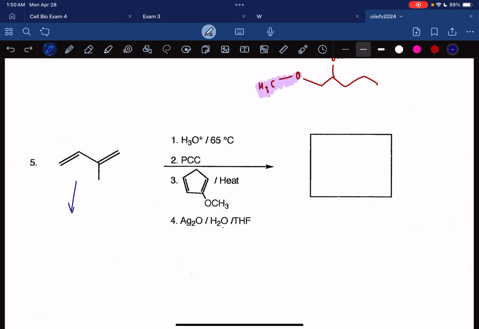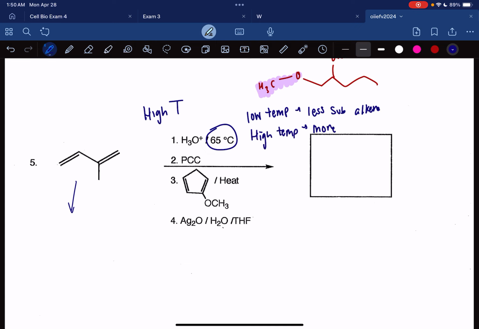Let's go back to purple here. 65 degrees is decently high temp, so we'll call this high T. If you remember the little trick for this, the low temp makes a less substituted alkene, and the high temp, on the opposite hand, makes a more substituted alkene. You can also work with the transition states and stuff, but that was kind of too much of a headache for me personally. But if that's your vibe, then go for it.